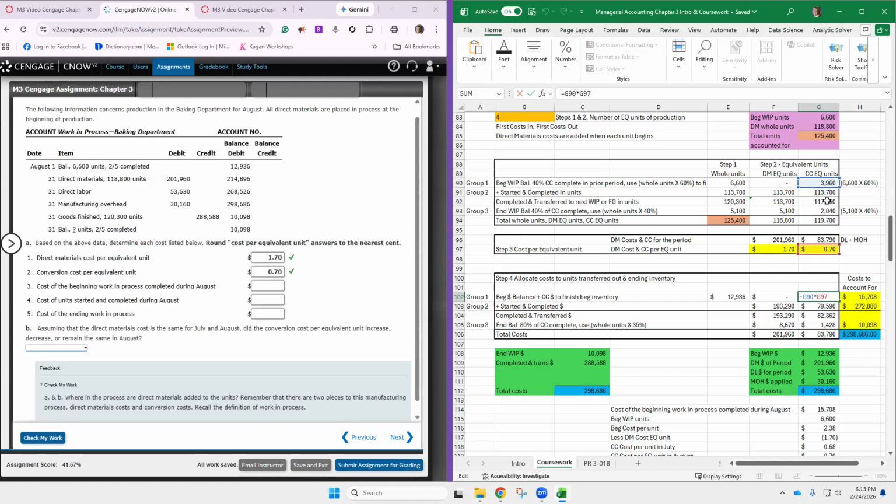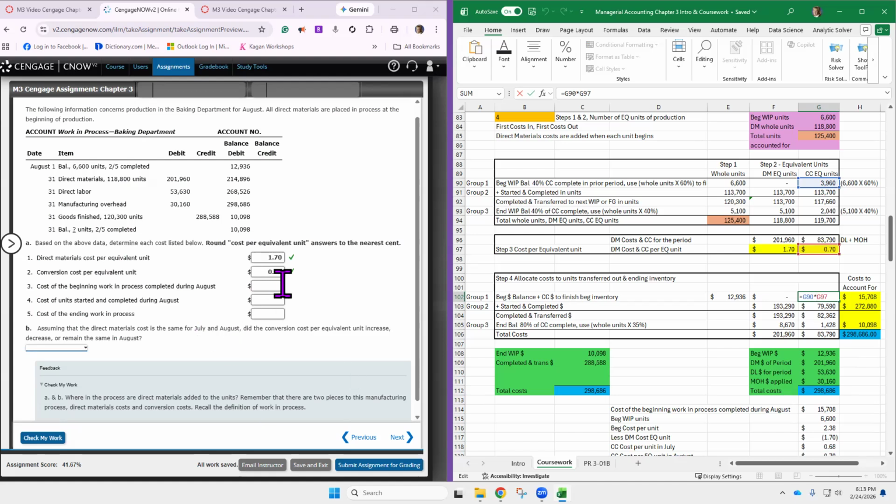All right. And then you're going to take that number times the 70 cents, which is your conversion cost per EQ unit. It's the conversion per EQ unit of 70 cents.